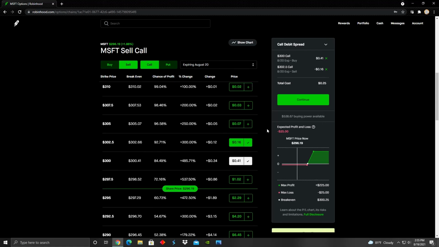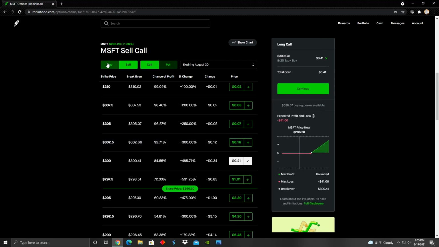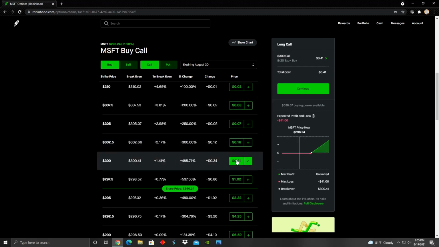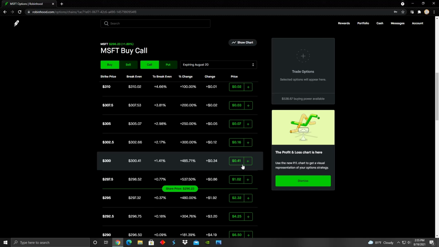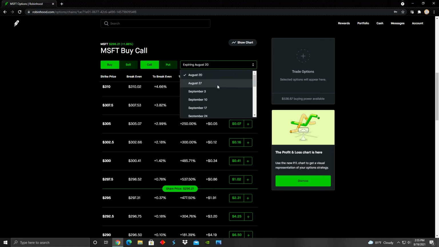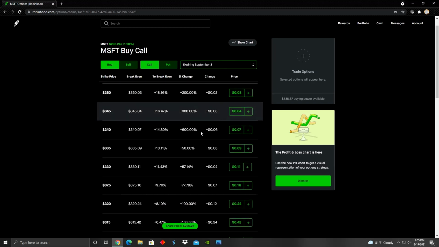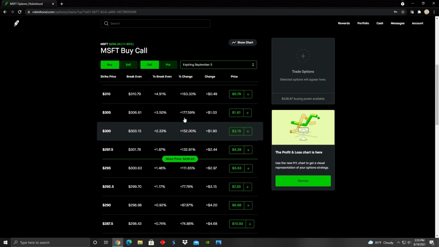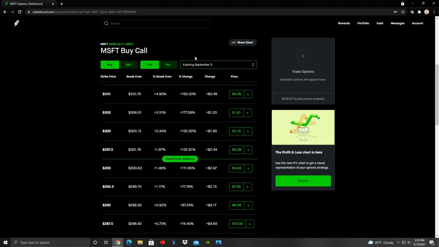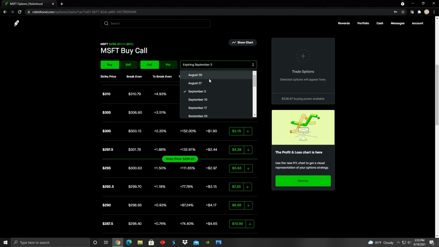Another strategy you can use: when you're opening up a call debit spread and trying to get max profit, you can extend the deadline for your options contract. Let's say we extended it to August 27th or September 3rd, and we scroll down and open the exact same contract we were going to open for August 20th.